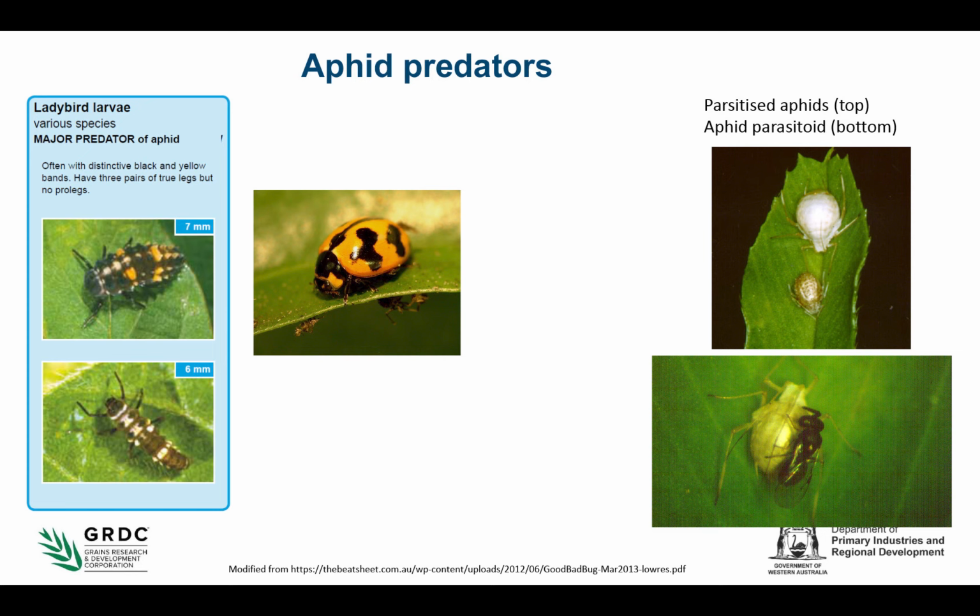It's been parasitised. If you see quite a few parasitised aphids, the parasitic wasps are present. And if you need to control aphids, maybe consider using a specific insecticide, because if you can keep the aphid predators and parasitoids present in the landscape, they can stop aphids from reinfesting a crop and can keep numbers down.